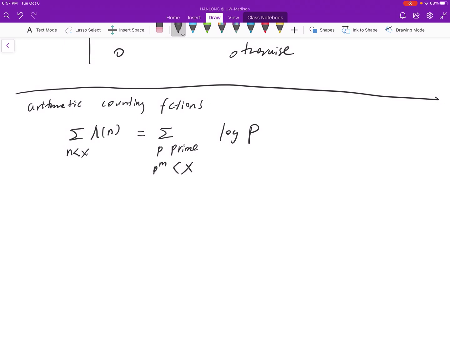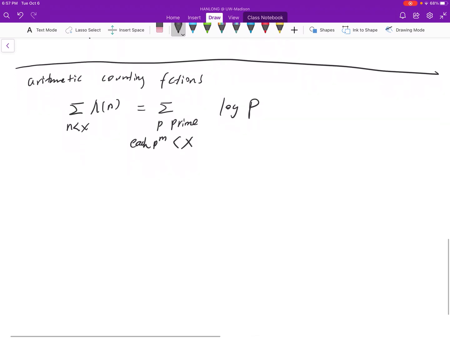So I should say it this way. For each number of the form p to the m-th power less than x, you give it a value log p and you sum them up.